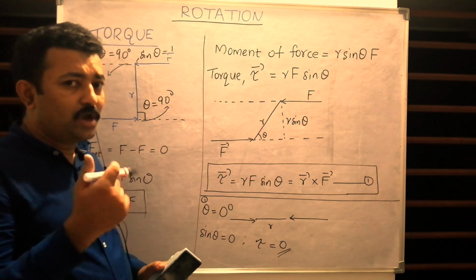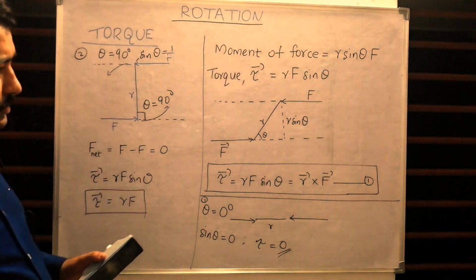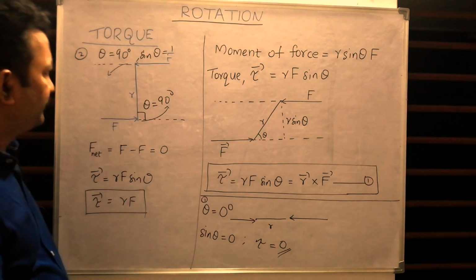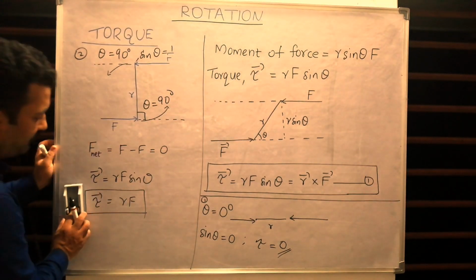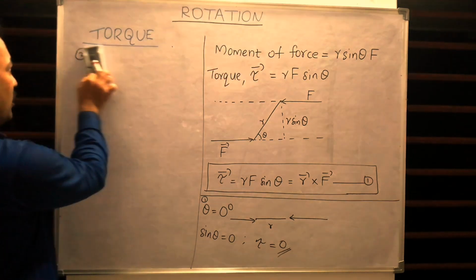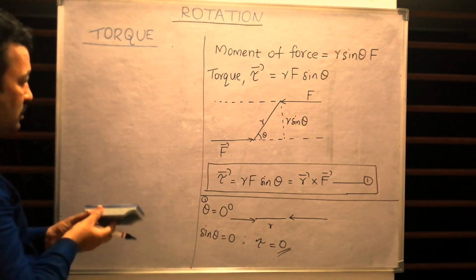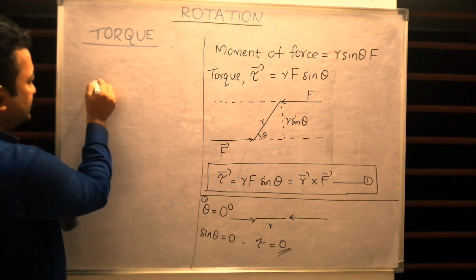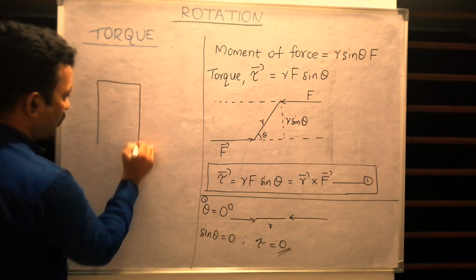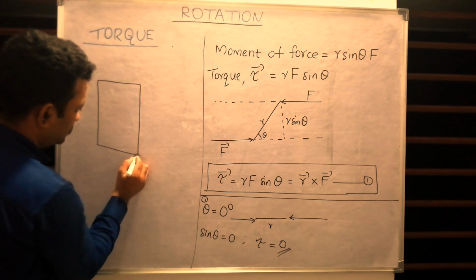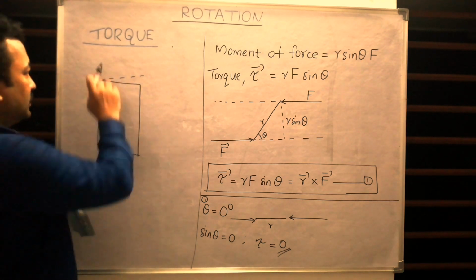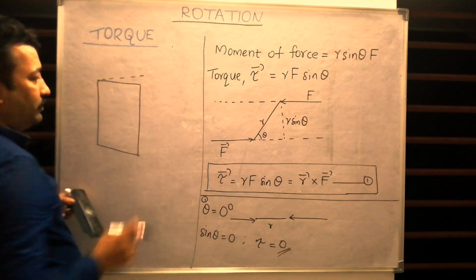Now I will explain one more case for you. This is a general case. I have kept a body with length L like this. Suppose we are looking at the action of a door, kept open like this, and this is the wall onto which it is fixed.